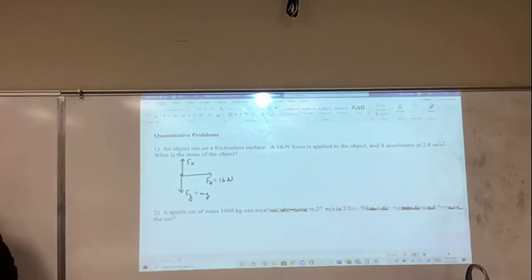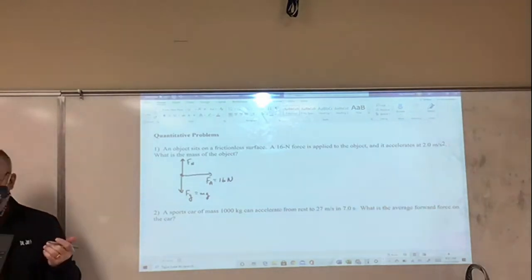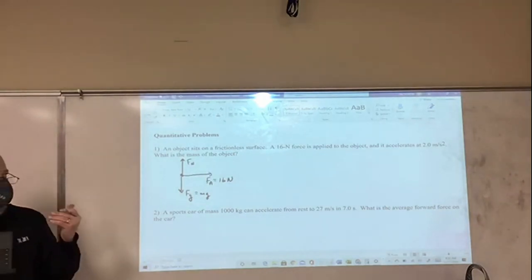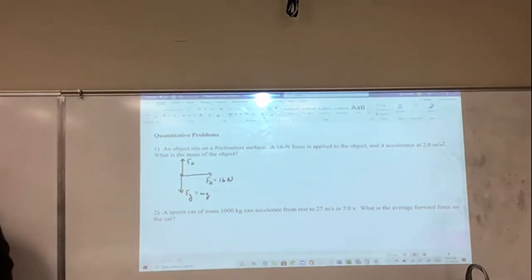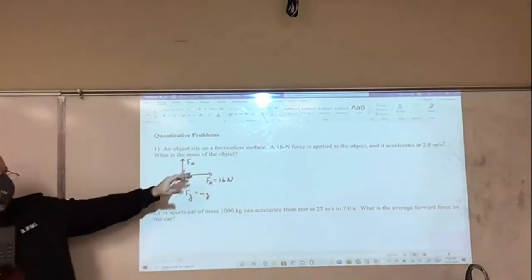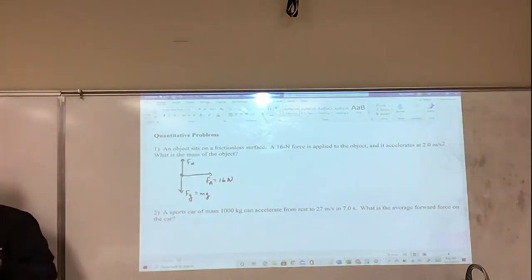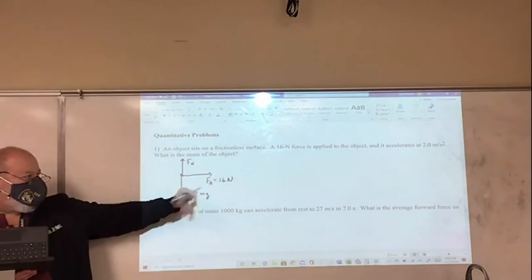But if they leave out something that would be required for us to do the problem, in other words, if they don't tell us specifically what the force of air resistance would be, then we can assume that there isn't any. They may or may not tell us that it's a frictionless surface. They may use some code word saying it's smooth. So anyway, this is our free body diagram, okay?